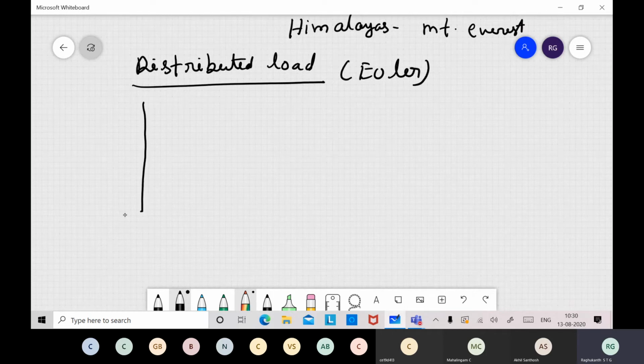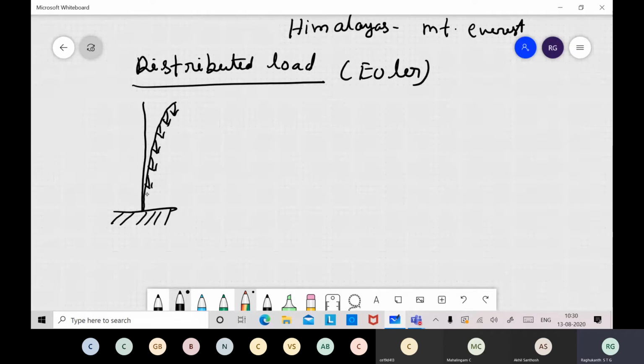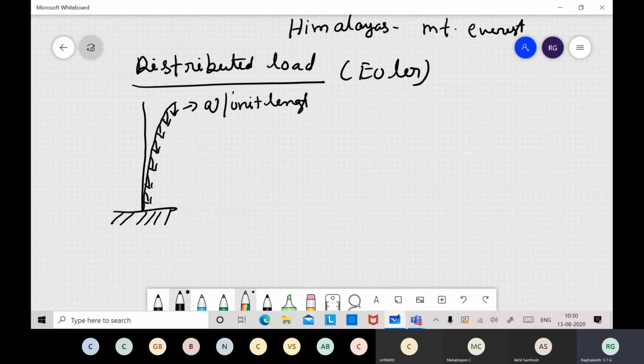So if you take the same cantilever, now instead of talking in terms of this one, he says the load is like this. You can use it for weight also, for the generalized case also he has done. So this is q per unit length, and L is the length of the column. Everything remains the same, the equation of motion also.